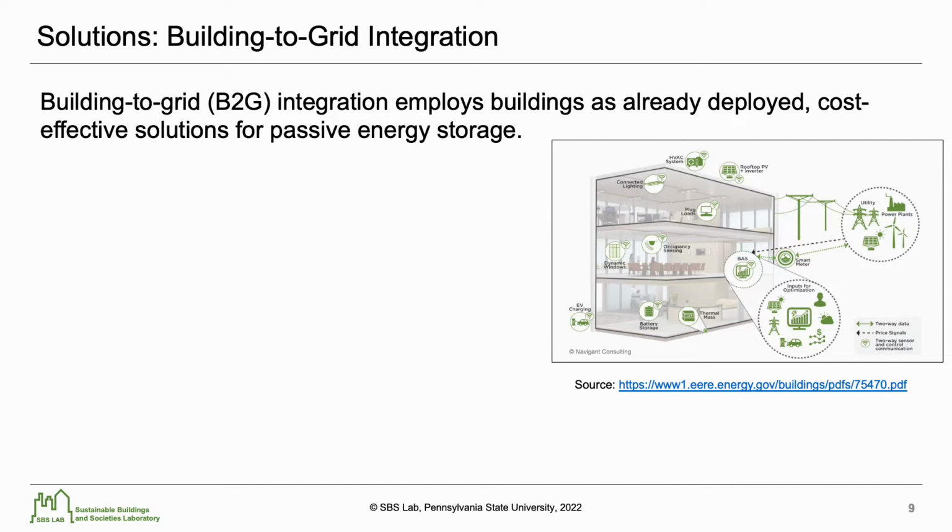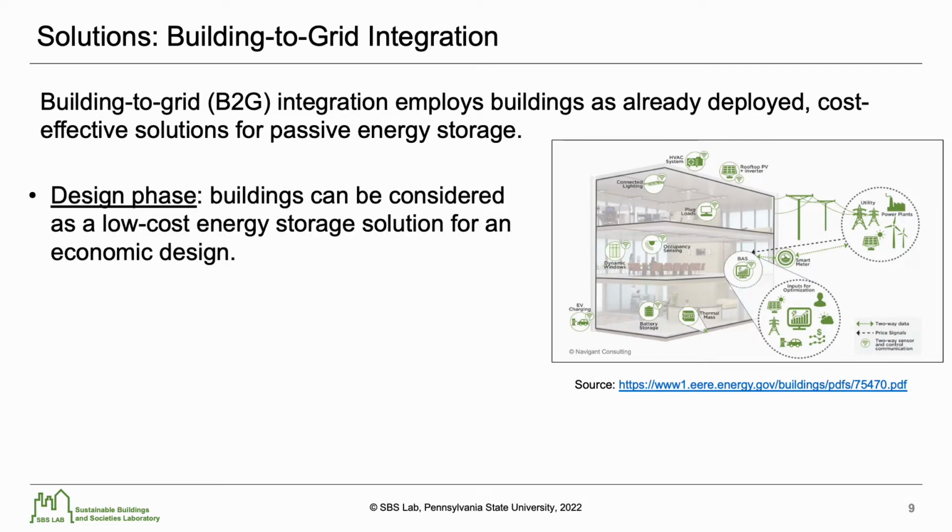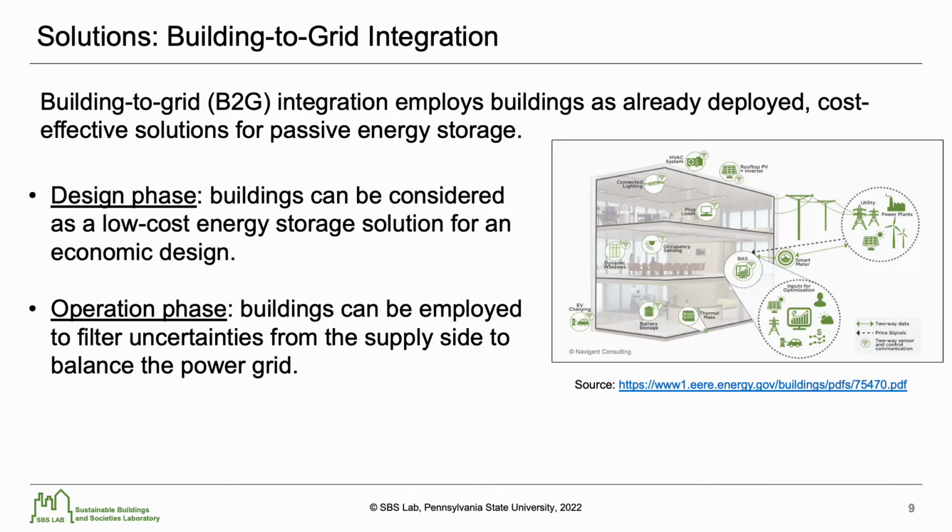This can be applied in two phases. In the design phase, buildings can be considered as a low-cost energy storage solution for economic design. In the operation phase, buildings can be employed to filter uncertainties from the supply side to balance the power grid.